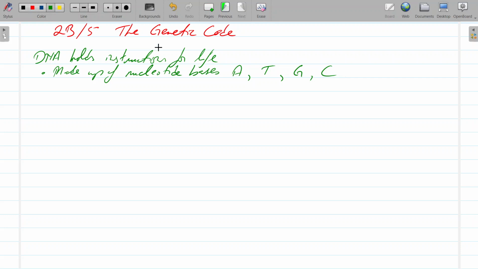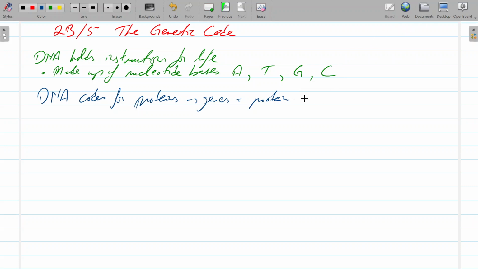And how this happens is DNA codes for proteins, so genes are coded into proteins. One gene codes for one protein pretty much.